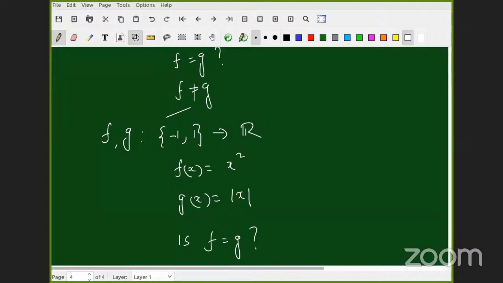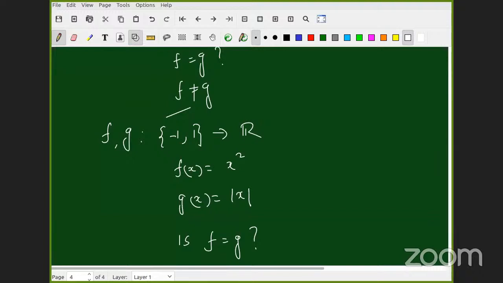Haripriya, why do you say they are equal? Sir, if we put x square with x equal to -1, then it will be 1. For g of x, modulus of -1, it will be 1. For 1, in f of x, it will also be 1. So it will be equal, sir. Very good. That's how we have to answer. Okay.